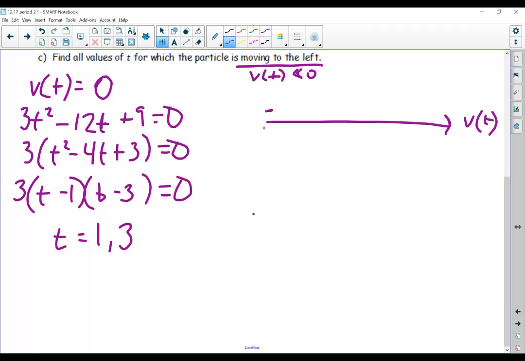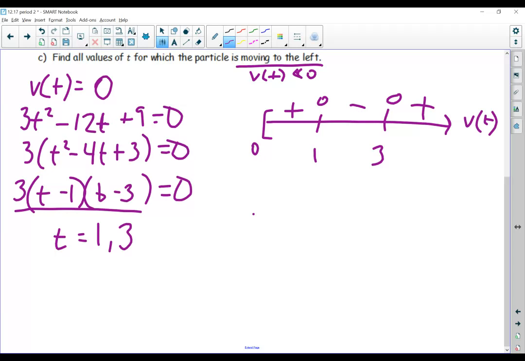Now my sign chart, guys, I'm going to cap it because time can't be negative. So I'm going to say 0, and then I'm going to put 1 and 3 as my 0 velocities. Now let's figure out what happens in between them. Use the factored form to test. It's easier. If I plug in 0.5, 0.5 minus 1 is negative, 0.5 minus 3 is negative, negative times negative is a positive. If I plug in 2, positive, positive, negative, negative. If I plug in 10, positive.